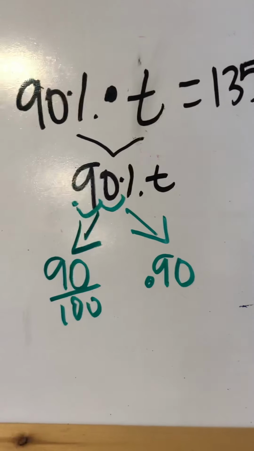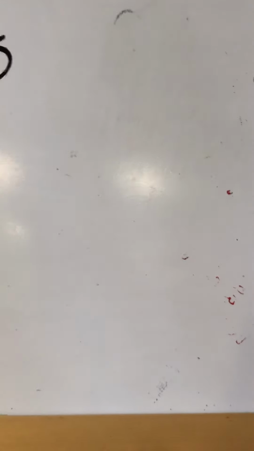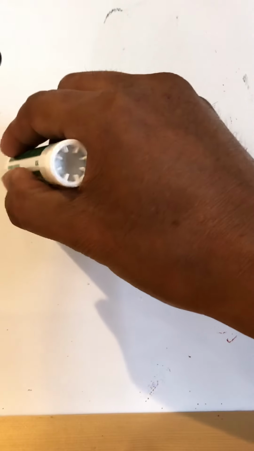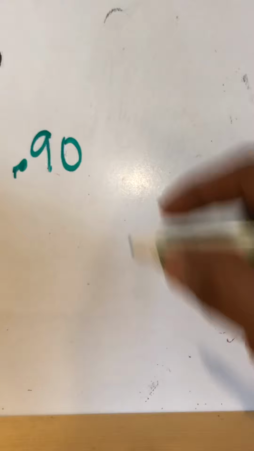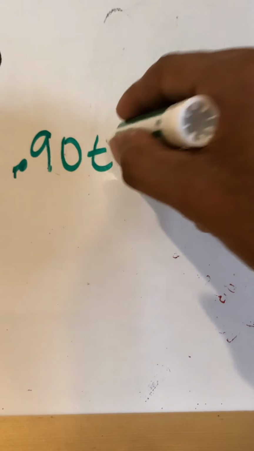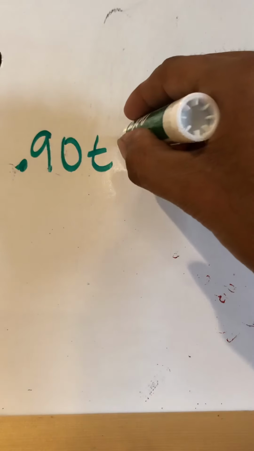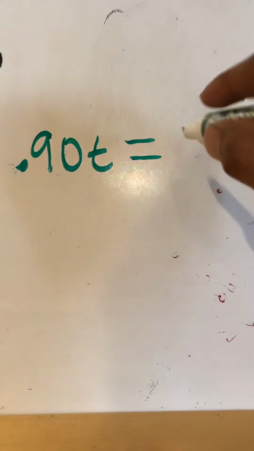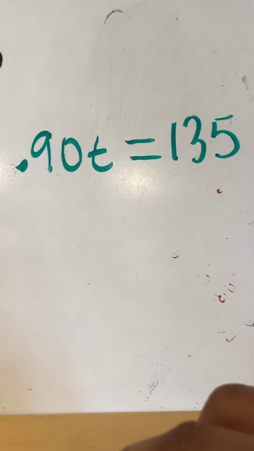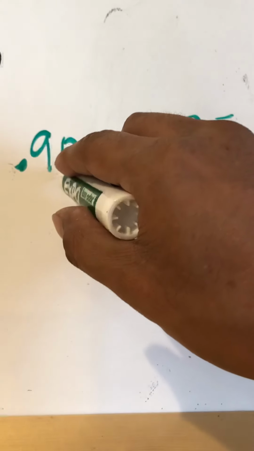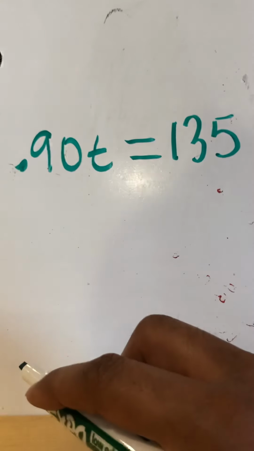So I'm going to go ahead and move over. So I'm going to take my decimal, 0.90. Remember, it's being multiplied to T, so we have to put the T next to it, and it's an equation. I need my equal sign, and I need the part that was given. So now I'm going to ask myself, what's the opposite of multiplication?